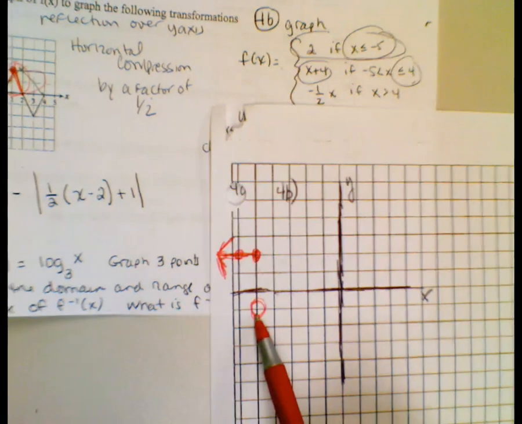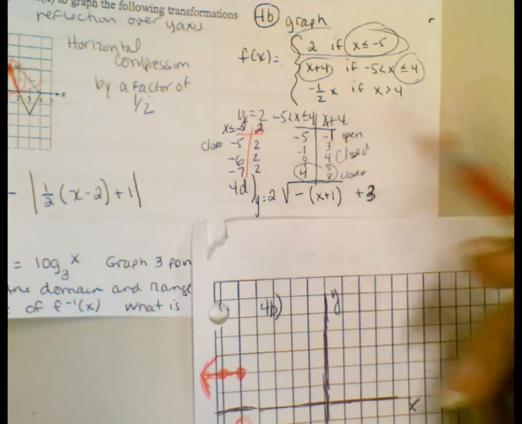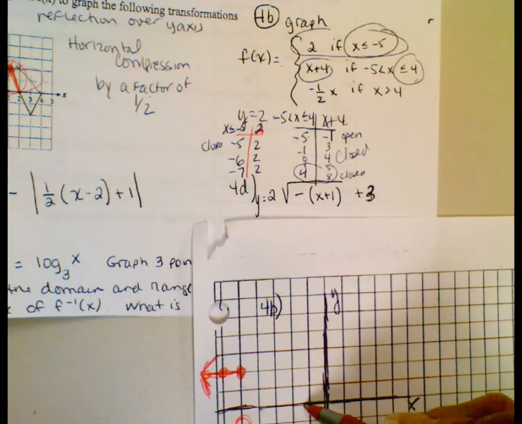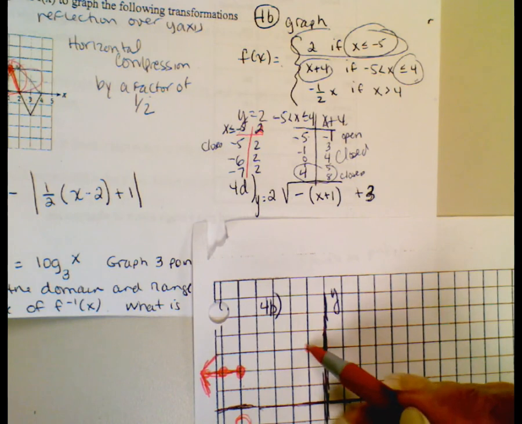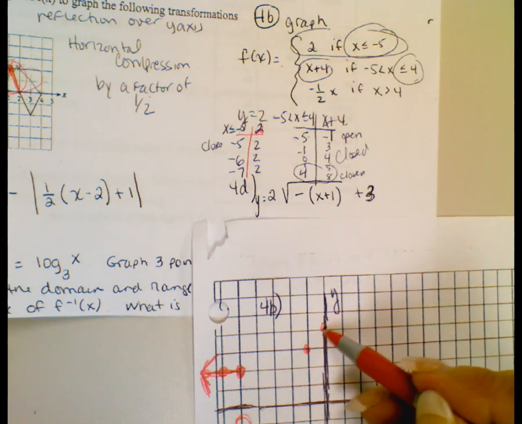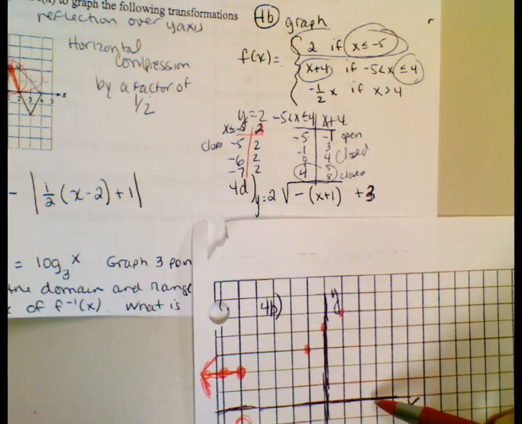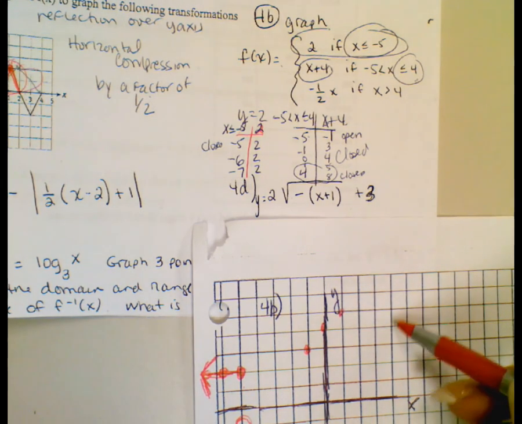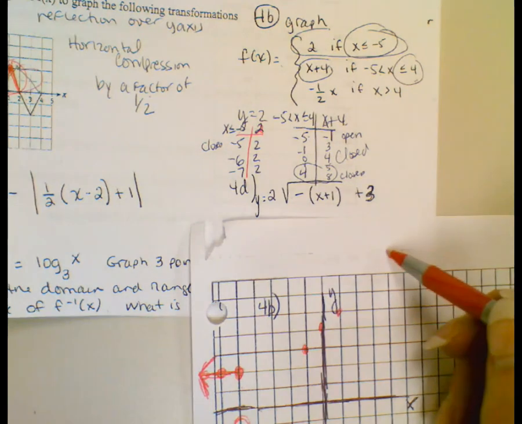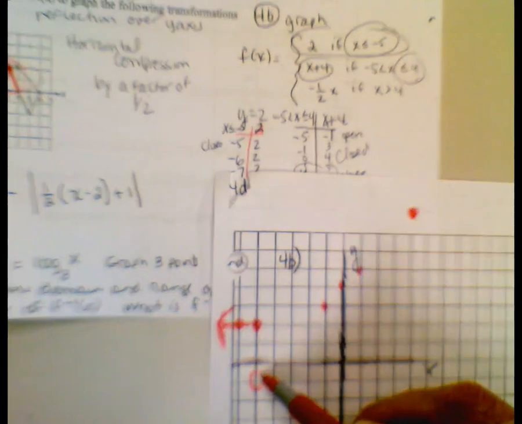Okay, that's your first point. Your next point was like -1, 3, 0, 4. There's that y-intercept. 1, 5, and the last one was 4, 8. 1, 2, 3, 4. 1, 2, 3, 4, 5, 6, 7. It's about right here and it's closed. Make sure it's a closed circle. And I'm just going to connect that.